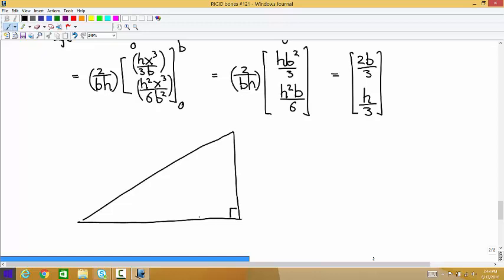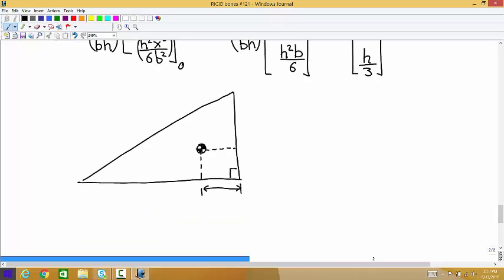So the centroid is here, where this distance is b over 3. And this distance is 2b over 3. And vertically, this distance is h over 3. And this distance is 2h over 3.